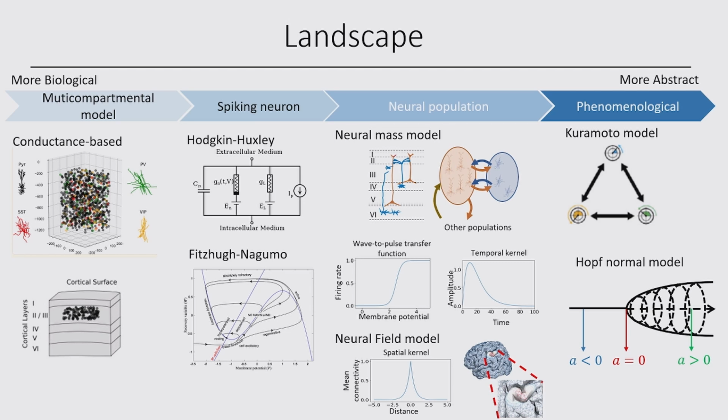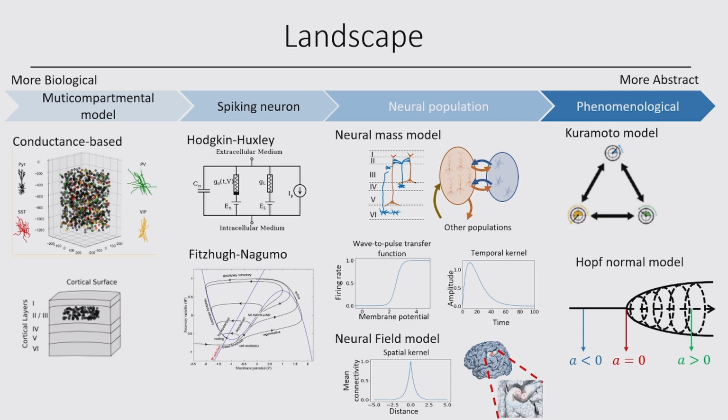But broadly speaking, following this progression, we have, say, multi-compartment detailed morphological models of individual neurons that you would see and use in the NEURON simulator software, for example, Henry Markram type stuff, if that rings a bell.